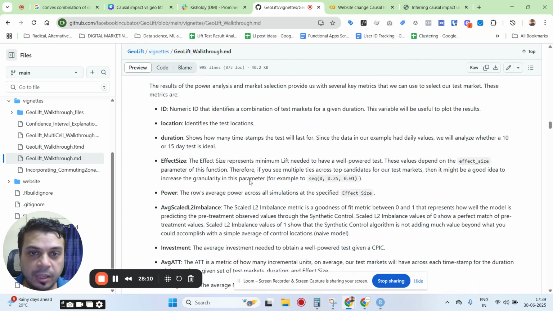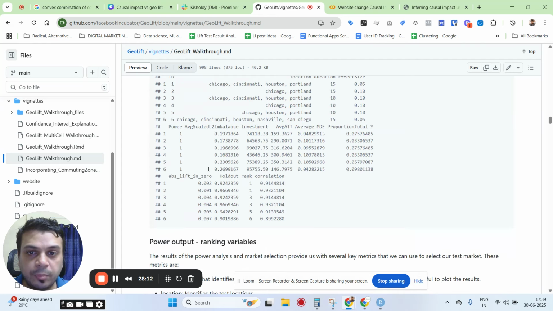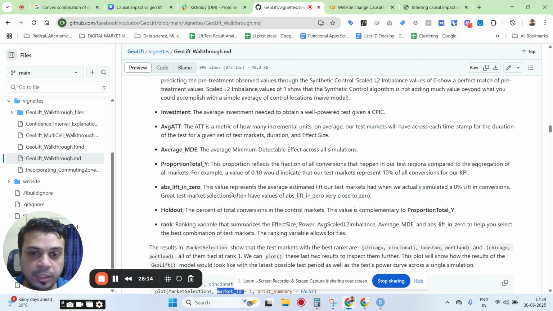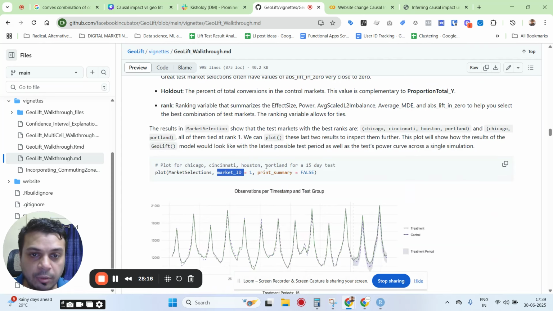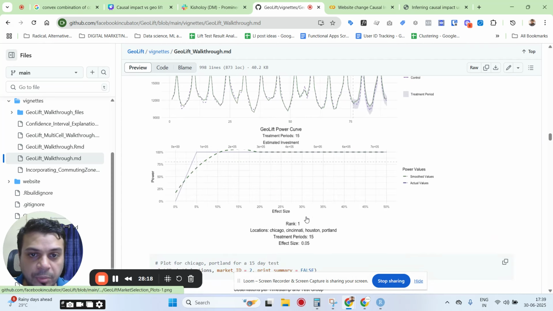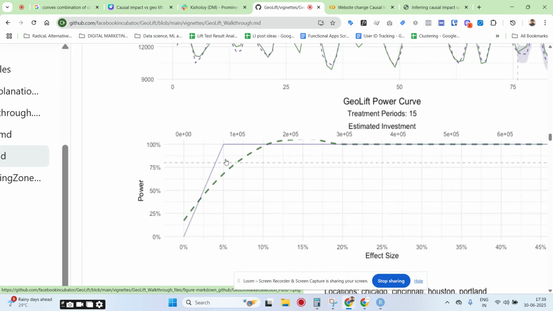And from this outcome here, this was found out. Now you separately plot it out just to confirm it, and you see the GeoLift curve here that shows you, for the treatment periods, what the effect size is for different power values. Like I said, you'll see a dotted line at around 80%.